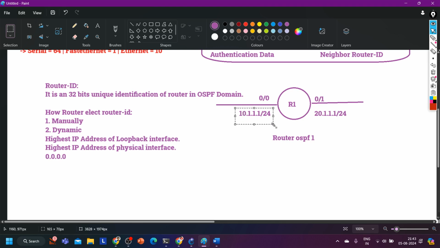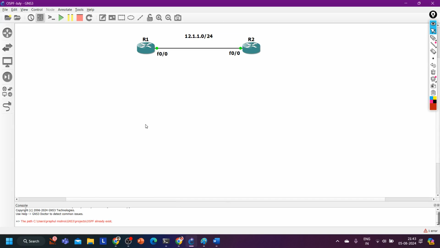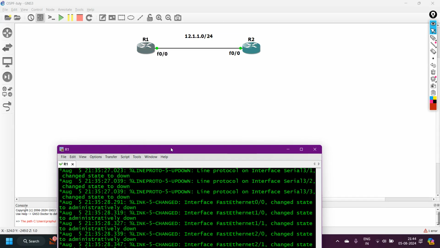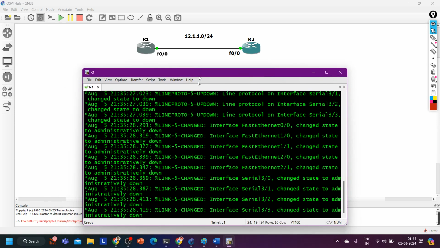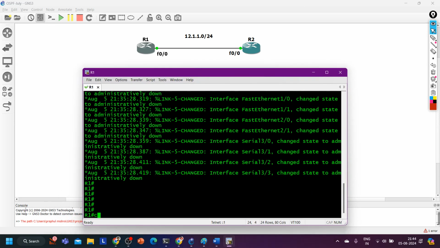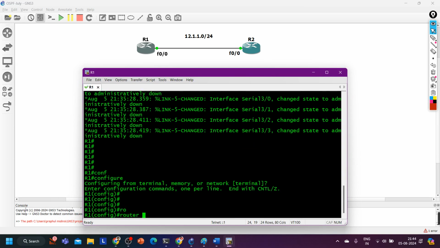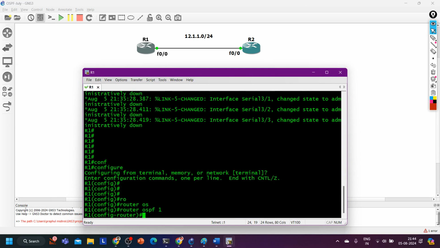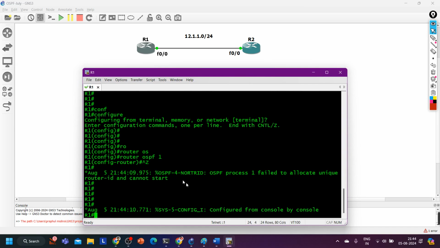But if there is no IP address on this interface as well as on this interface, then what will be the router ID? 0.0.0.0. Done. So see, in this scenario right now I don't have any IP address on router number 1. So if I enable OSPF here, config t, router OSPF process ID 1, what is it saying?